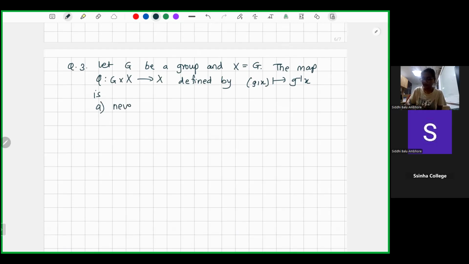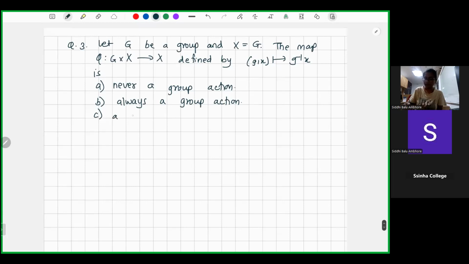A, is never a group action. B, is always a group action. C, that it is a group action if G is an abelian group. And D, that is none of the above.